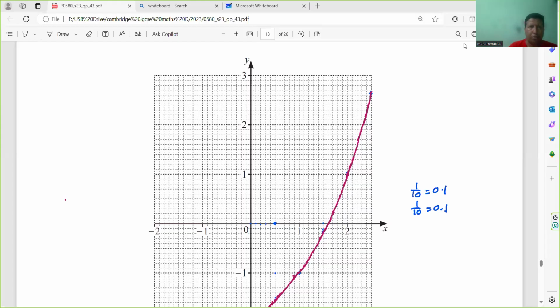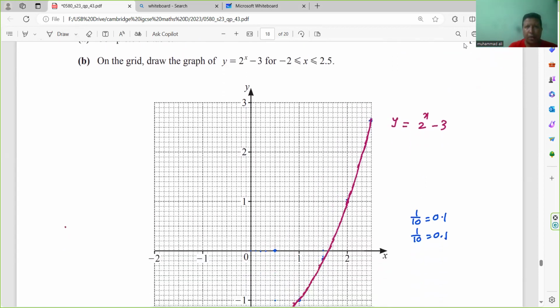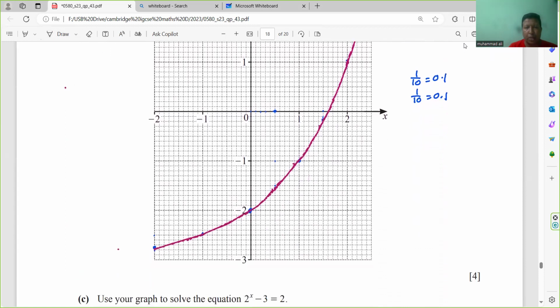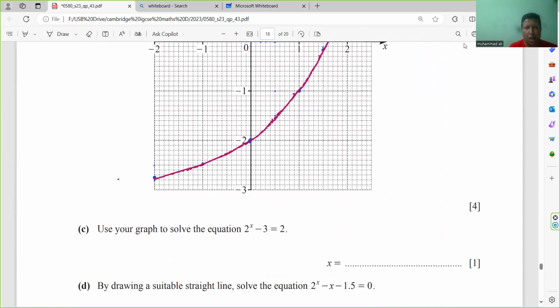So our graph drawing is completed. This is y equals 2 to the power x minus 3. So part B is completed, from minus 2 to 2.5. We have drawn this curve.